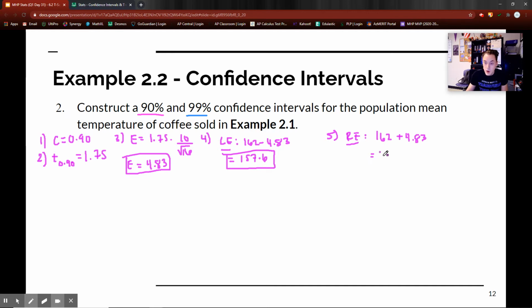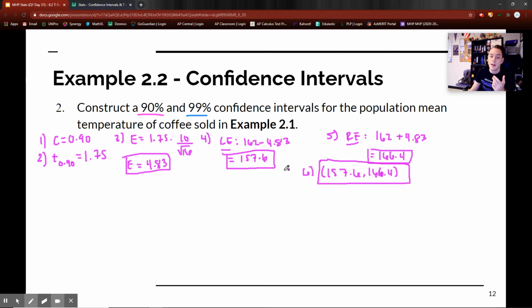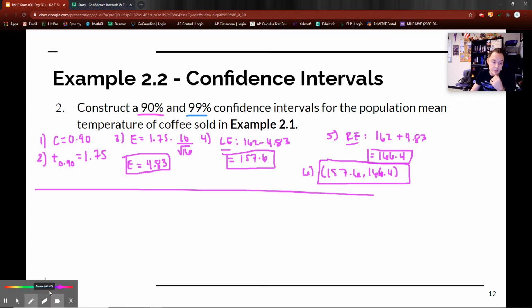And this is going to be 166.4 when I add those up. Which means altogether my actual interval is between 157.6 and 166.4. Perfect. So that is briefly the 90% confidence interval.